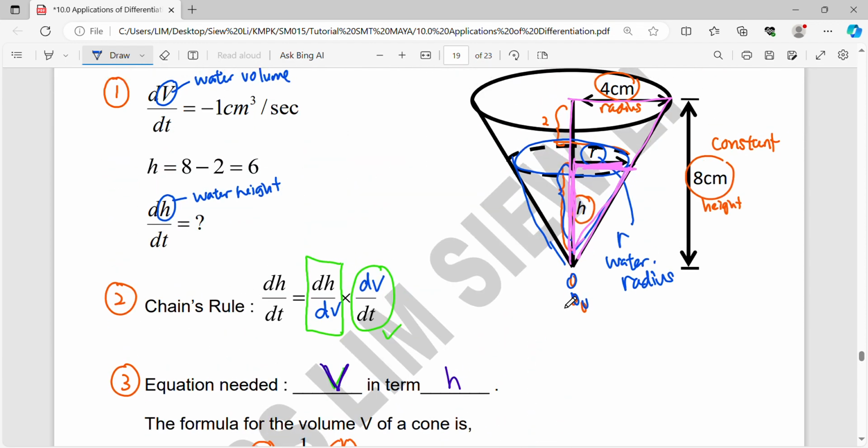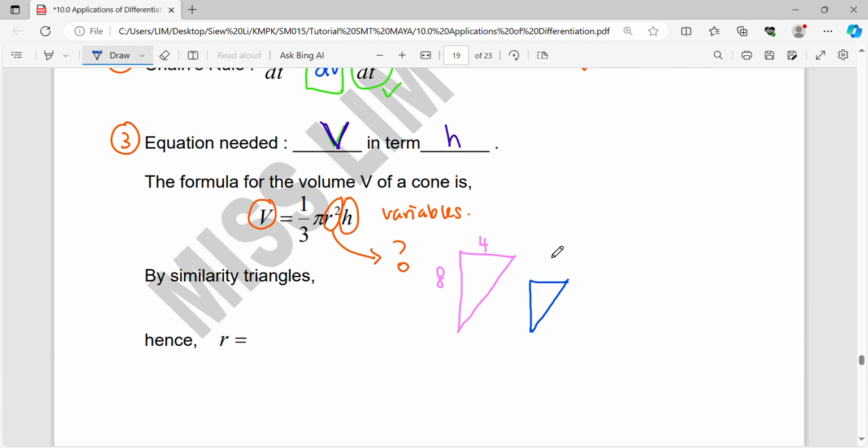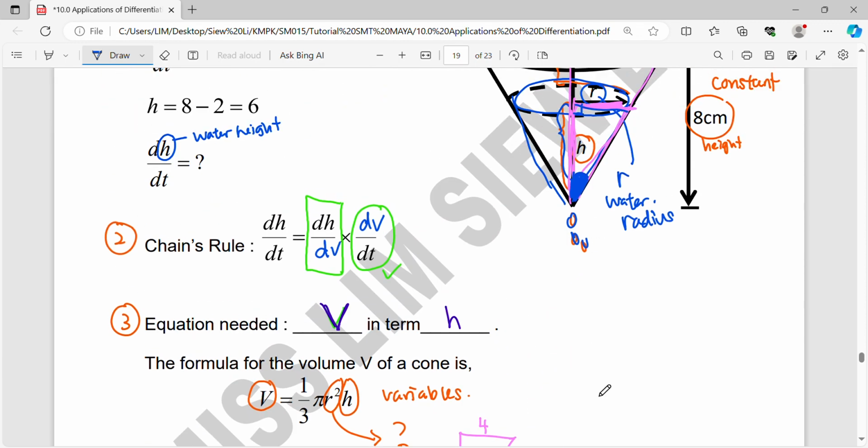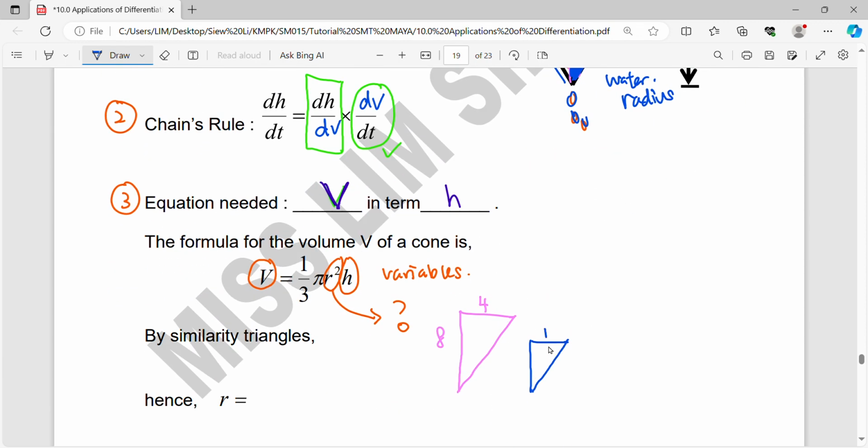Because you can see the water triangle angles are the same as the container angles. So this triangle and this triangle are similar. They have the same 90 degrees, and they have one vertex with the same degree. So this is our water triangle here, with radius and height.